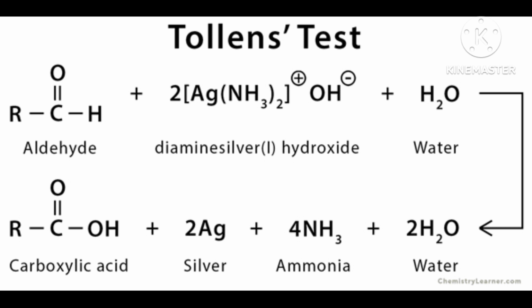Then you got RC double bond O, and now OH. So in the mixture, 2 acids you will get; the first acid is RCOOH, due to the first part of cleavage of the carbon-carbon bond.